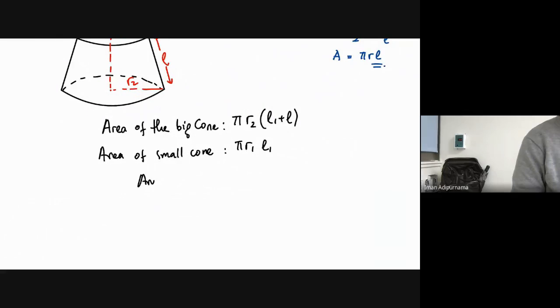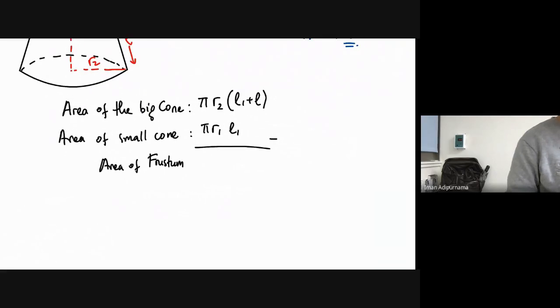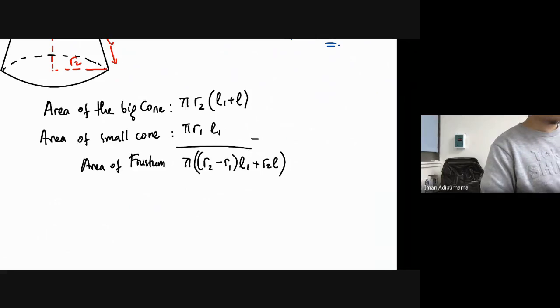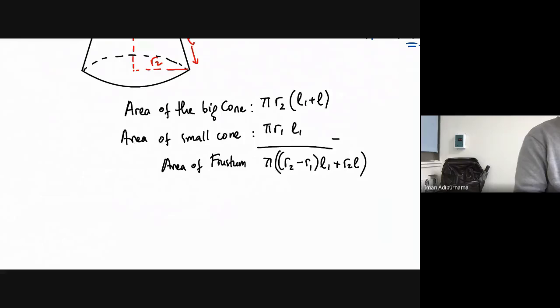and the area of the frustum, we subtract them. I will skip some of the process and directly simplify, which becomes R2 minus R1. Now we also have the triangle.